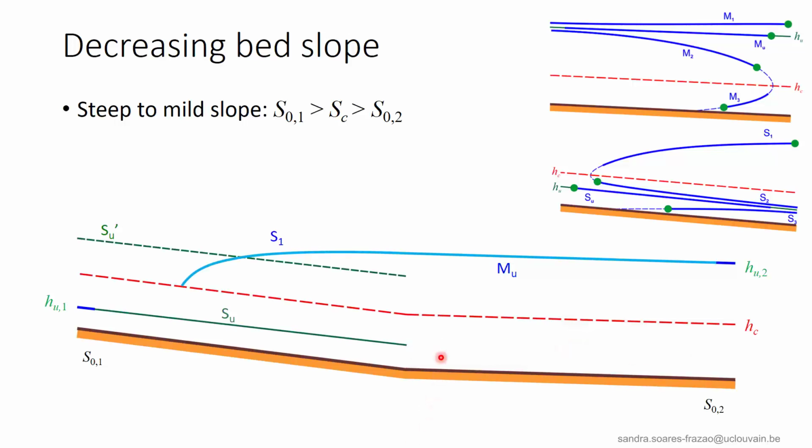But if we calculate the S1 profile from HU2, we see that it crosses the SU prime curve, indicating a possible hydraulic jump here. So, the final flow profile is this one: a supercritical uniform flow SU, then a hydraulic jump to connect with the subcritical S1 profile until the normal depth HU2.